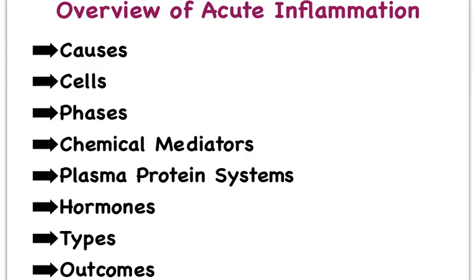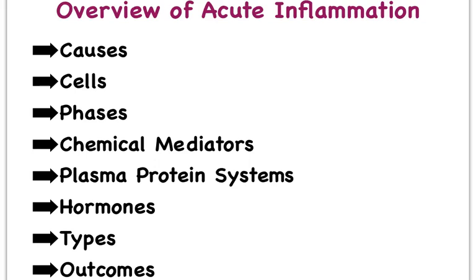All right, so we're going to spend quite a bit of time on acute inflammation, and I'm giving you a bit of an overview here of how we're going to approach the topic of acute inflammation. So in this presentation, we're going to spend quite a bit of time on the cells involved in acute inflammation. It's a quick slide where we list the causes.